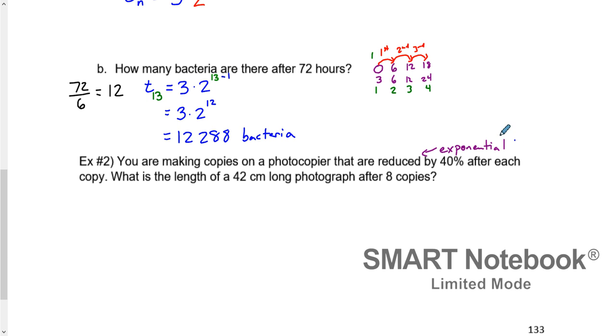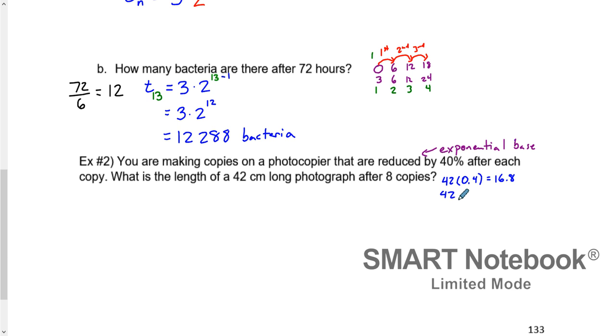Actually, I'm just going to keep this in purple. So something would be 42 centimeters, and now it's going to be reduced by 40%. So one way we can do it is find out what is 40% of this. So 40% of 42 is 16.8.